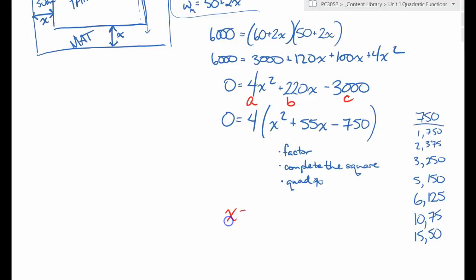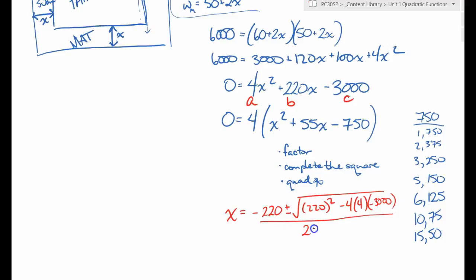So x equals negative b, which is negative 220, plus or minus the square root of 220 squared minus 4 times 4 for A and negative 3000 for C, all divided by 2 times A, which is 4. And from here, I would strongly recommend you punch this into your calculator.